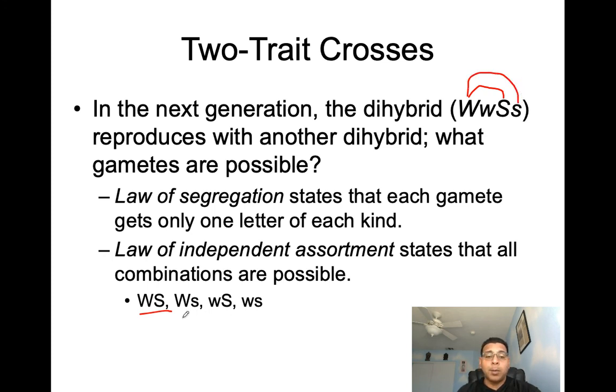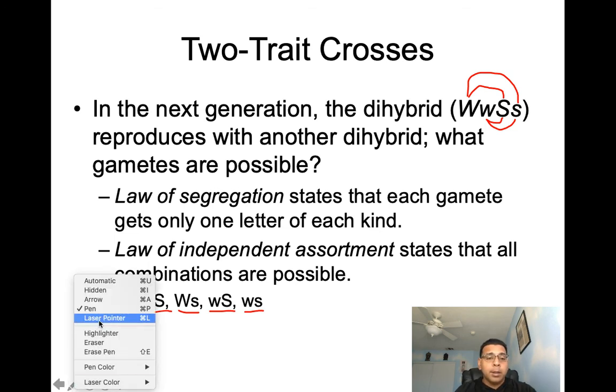The third type we can have is a lowercase w and a capital S. And then the fourth possible type is a lowercase w and a lowercase s. So those are all the different combinations that are possible.